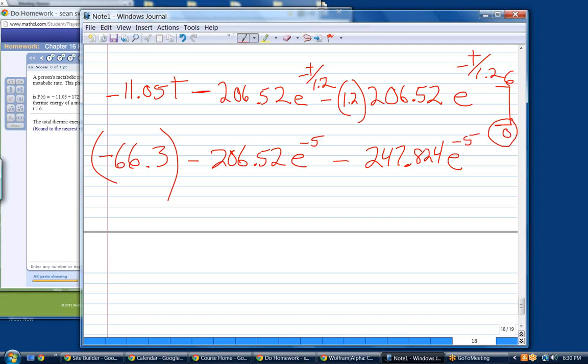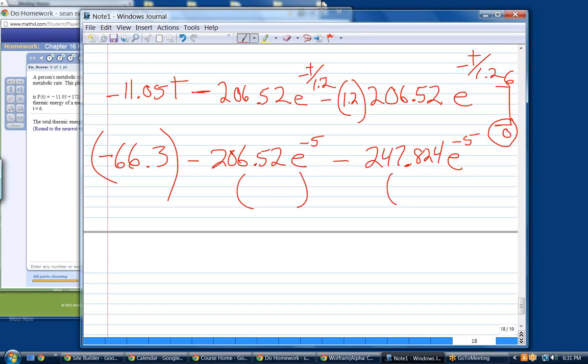So that's the left side. I guess we need to come up with numbers here for the left quantity. You know how to do these, e to the minus 5? That's just 206.52 divided by e to the 5th. Let's see. If you want to give me intermediate numbers here, I can write them in.